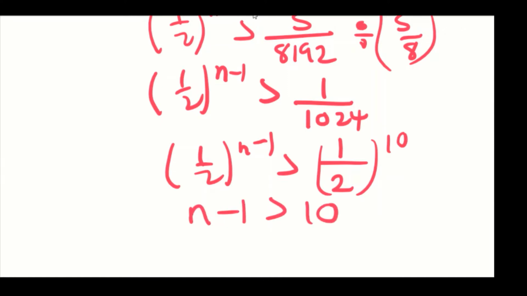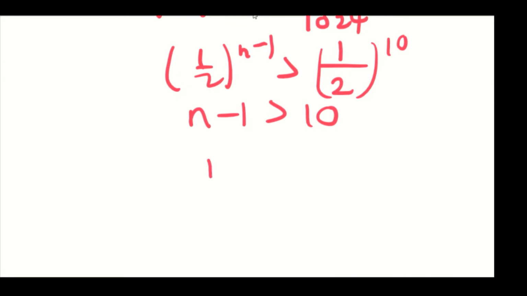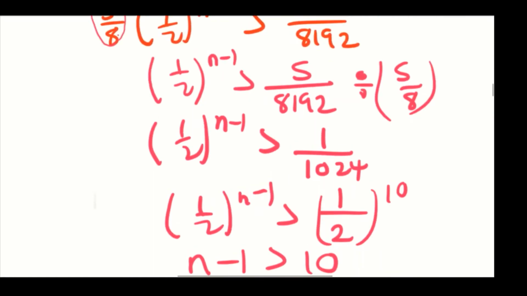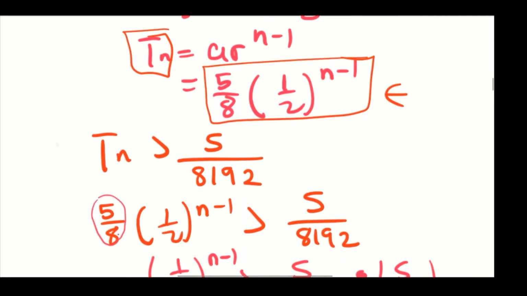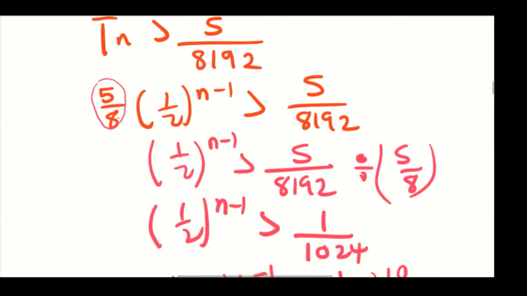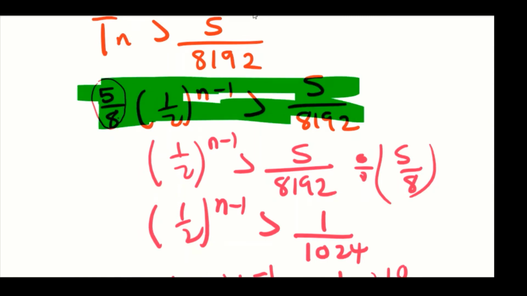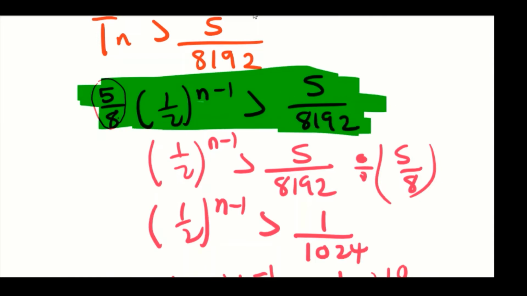Then you transpose the negative 1 to the other side. We have n greater than 10 plus 1, so n is greater than 11. To conclude the value of n, you need to substitute your values of n into Tn, which we are told must be greater than 5 over 8192.